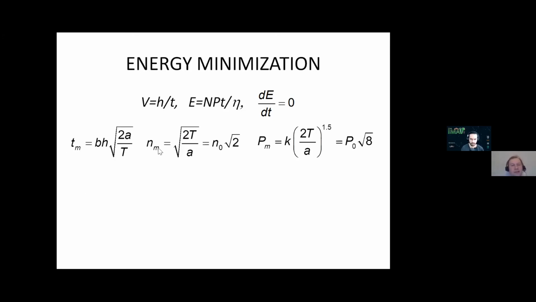Okay, so the time required, rotational frequency, and power required for lift with the minimum energy consumption is given on this slide. What is interesting is that we have a rather simple, even not analytical but practical, way to obtain these values of, for example, rotational frequency and power.